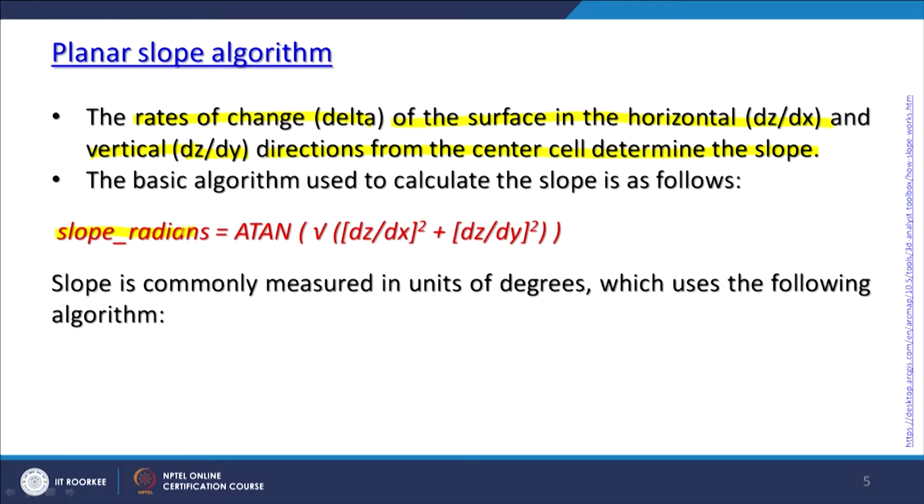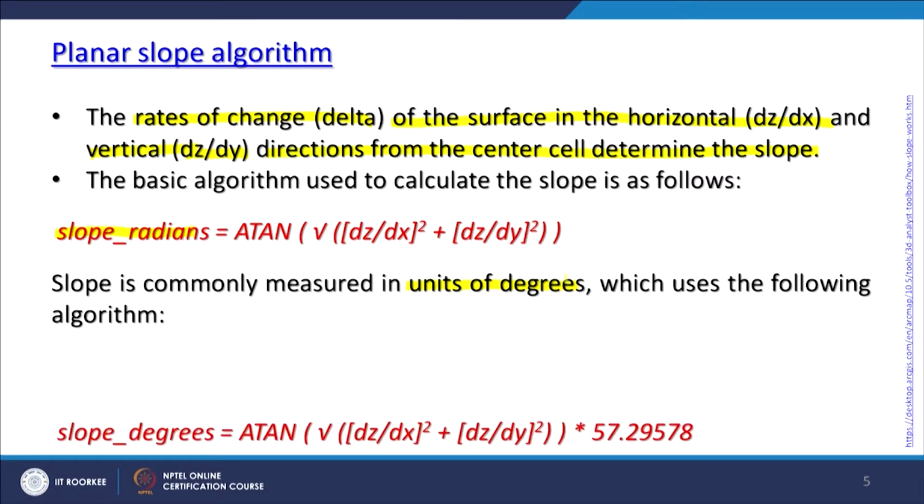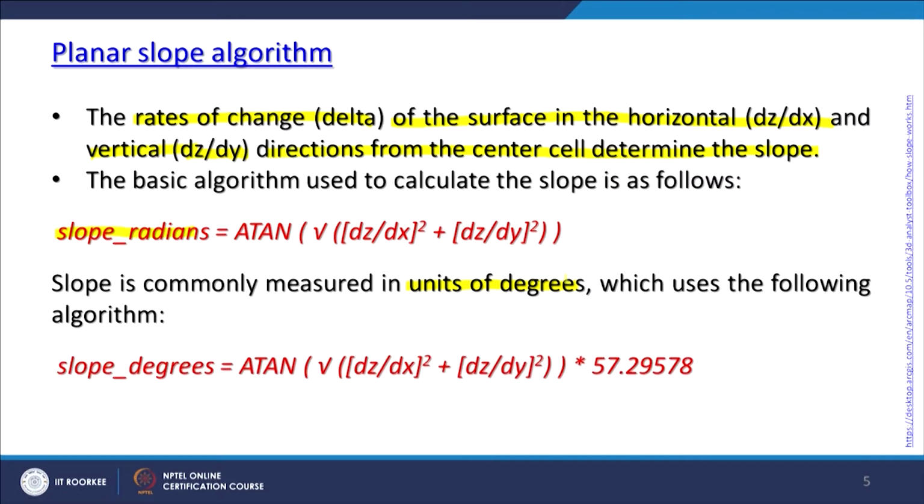Generally, the most preferred unit is degrees, and most of these software packages also default to degrees. So, if we have to calculate in degrees, we have already discussed this factor, 180 by pi, which will be required for slope calculation in degrees.